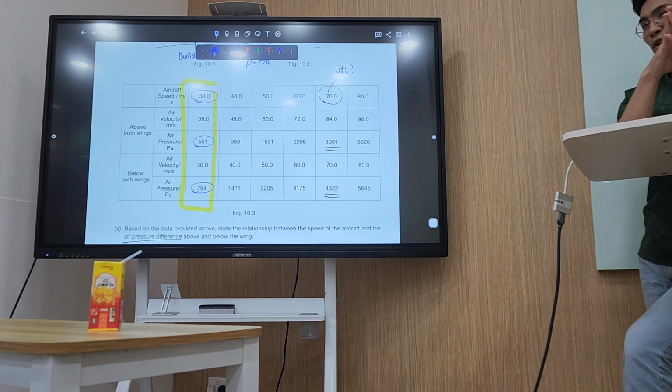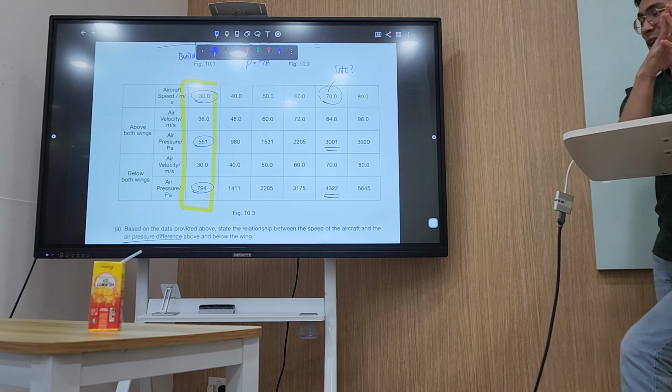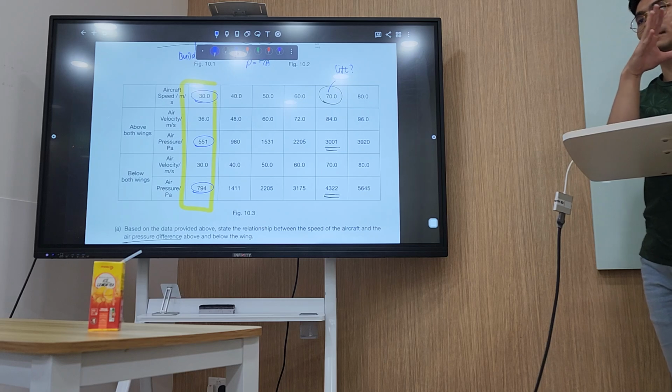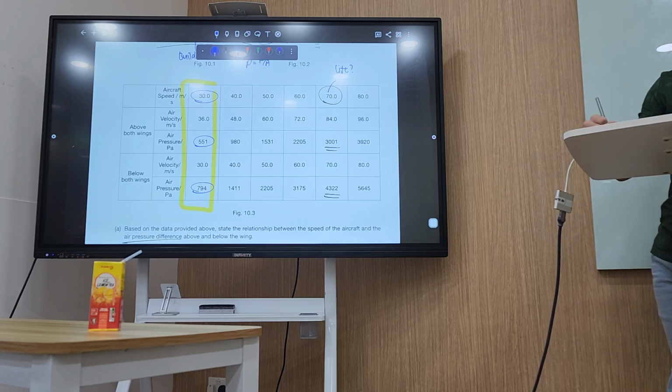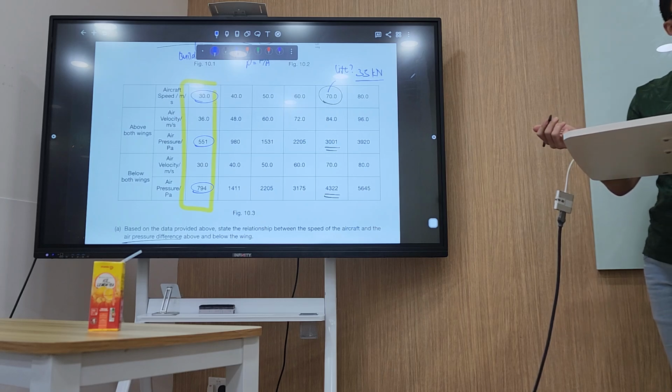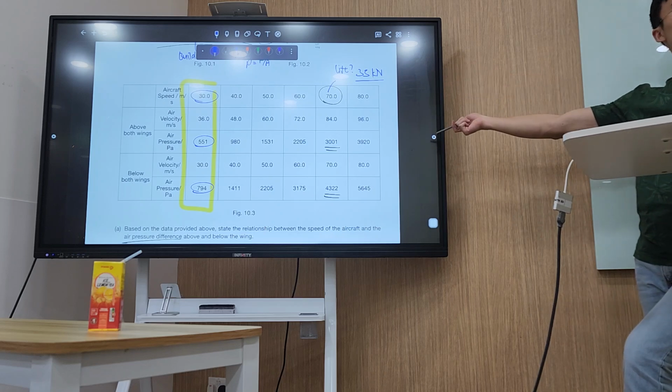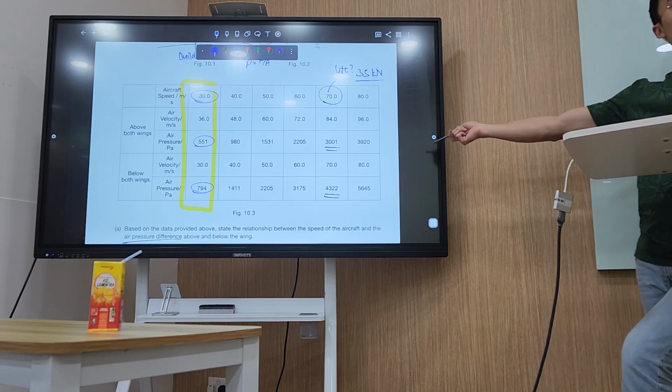If your answer starts with 3, you're on the right track. Very good. You should have produced about 33,000 newtons of lift, and this is enough to overcome the weight of the aircraft, which is what you want.